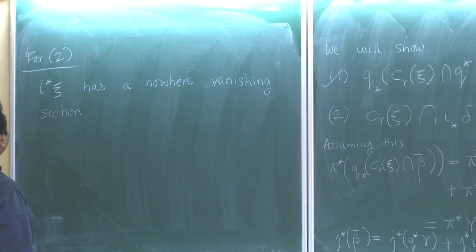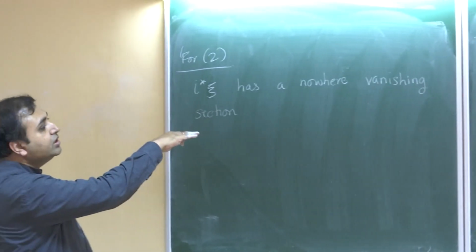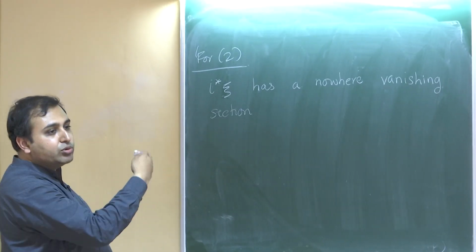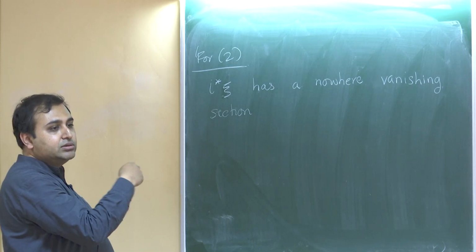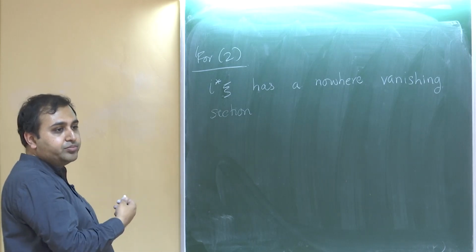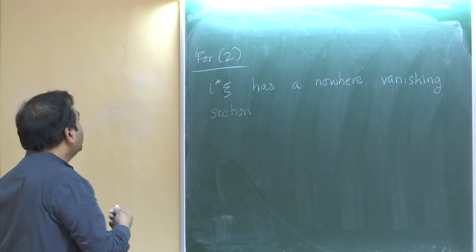But I thought it should also follow from the fact that I is basically the inclusion of the divisor, the divisor PE. What is that actually? That is O1.